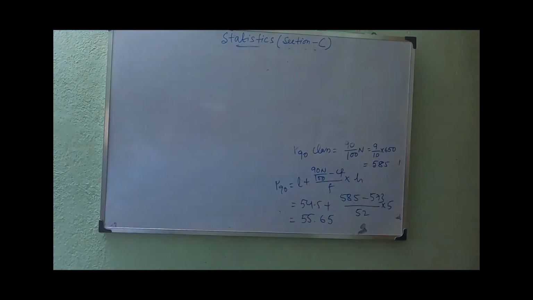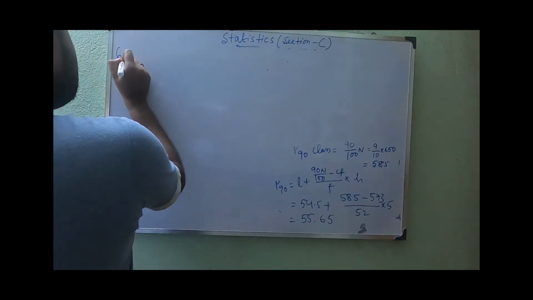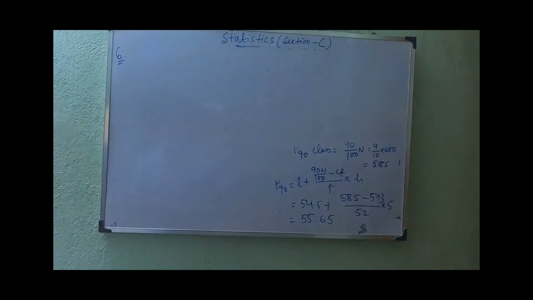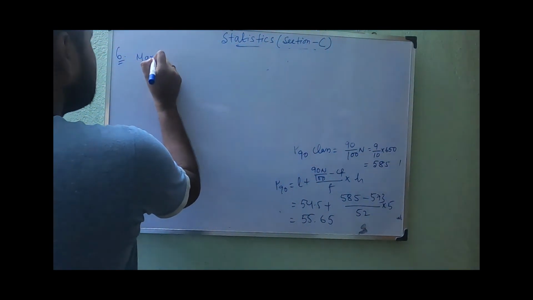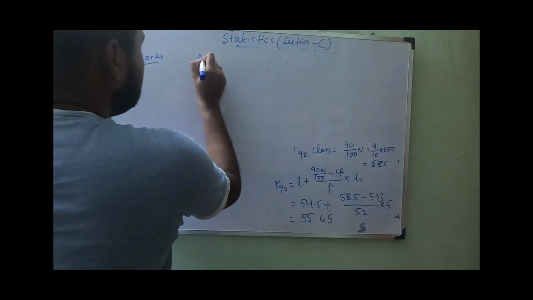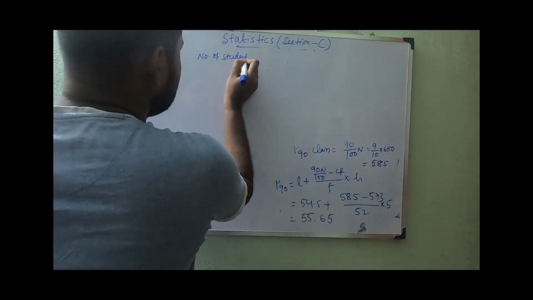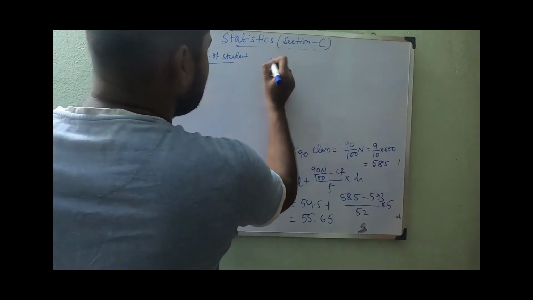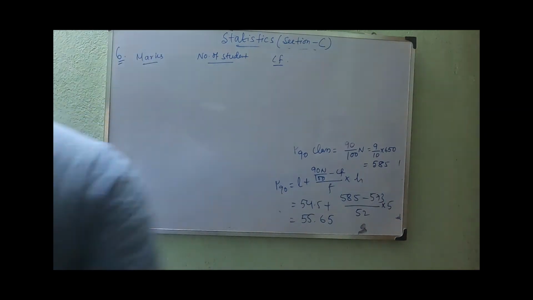So this is your last question. The question is, a distribution is given. Let me first write the distribution. This is the marks and number of students. I also write the CF column because I will always require it.